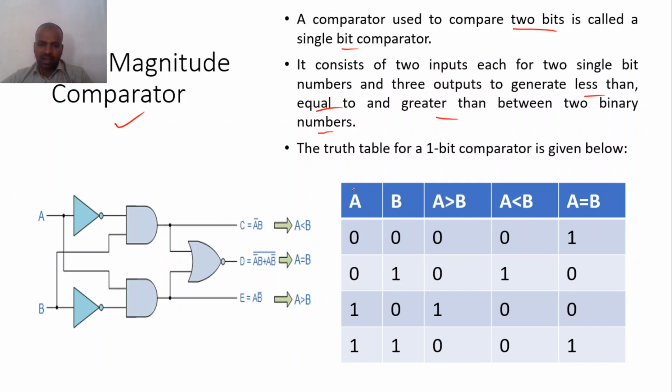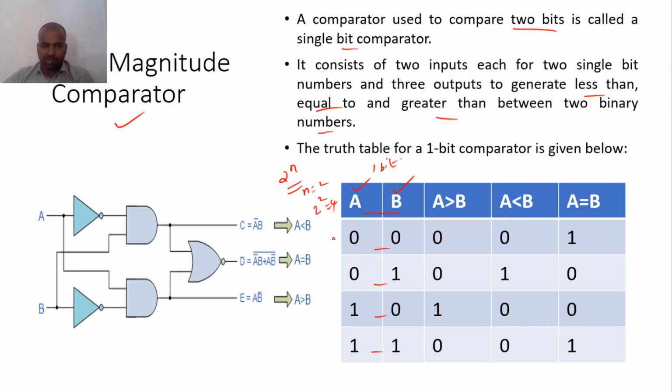A has only 1 bit and B has only 1 bit, so it is called a 1-bit comparator. The number of inputs is n equal to 2, so the number of possible combinations is 2 power n, which is 2 to the power 2, equal to 4 possible combinations: 00, 01, 10, 11.